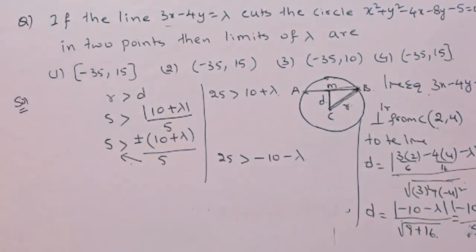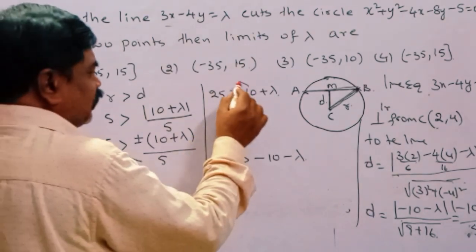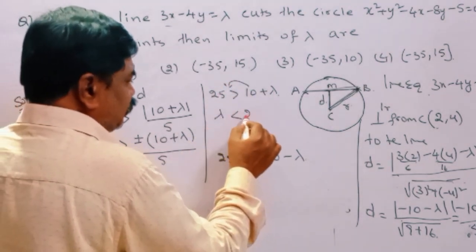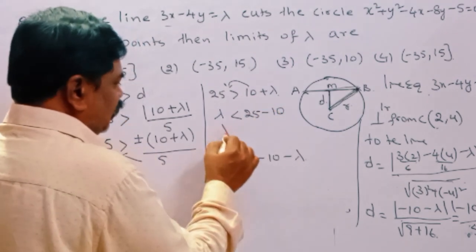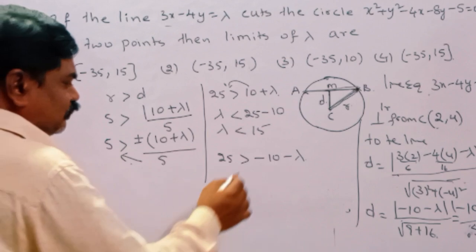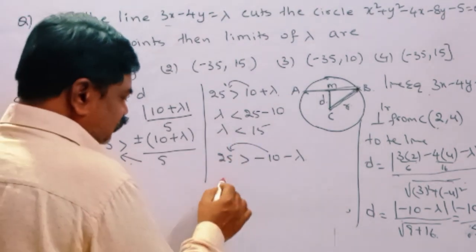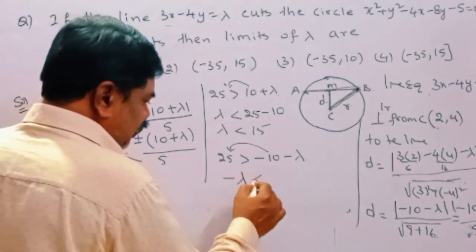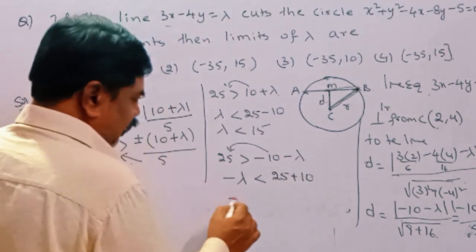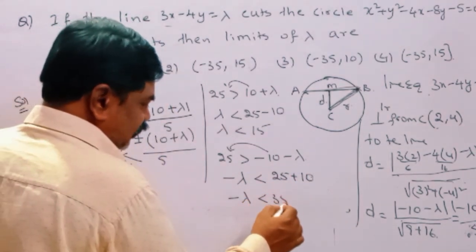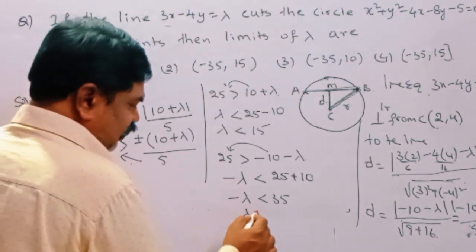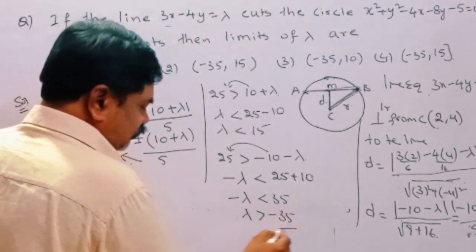Then you can write this as, taking to this side, lambda less than 25 minus 10, lambda less than 15. Okay, all of you. For this one, you can take to this side, minus lambda is less than 25 plus 10, minus lambda is less than 35, and multiplying by minus, lambda greater than minus 35.